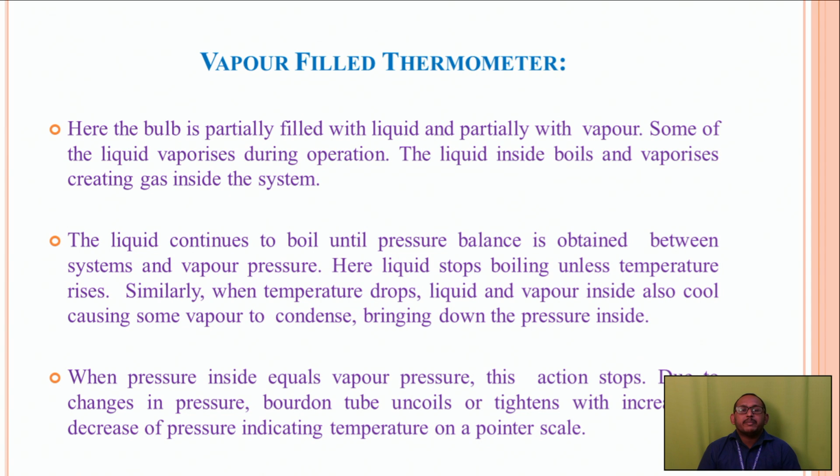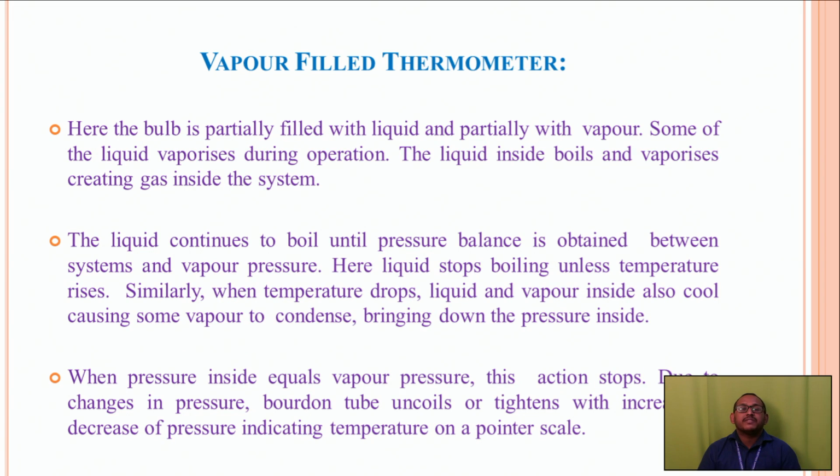Then the next type is the vapor filled thermometer. In the vapor filled thermometer, the bulb is partially filled with liquid, whereas in the other types we fill fully with the liquid, the same liquid for the entire process.